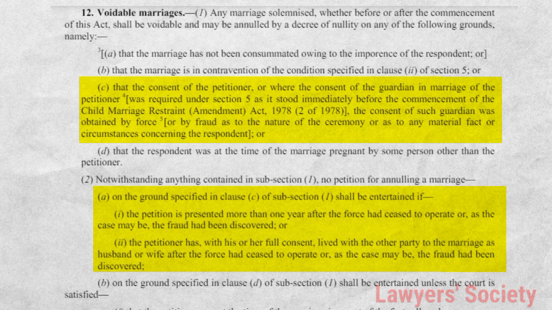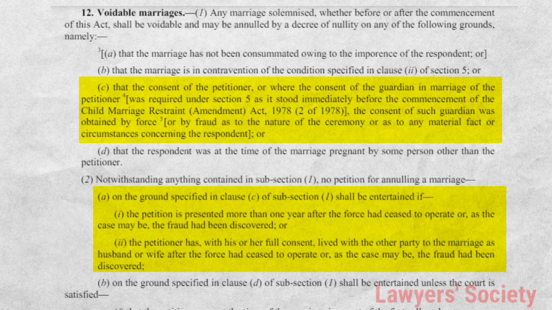Now, 12(1)(c) talks about obtaining the consent of the petitioner by concealing certain material facts at the time of the marriage. So, if you read 12(1)(c) along with 12(2)(a), it is clear that if after the petitioner came to know about such concealment of facts, he gave consent to live with the partner thereafter, then he can never file for annulment of marriage on such ground.